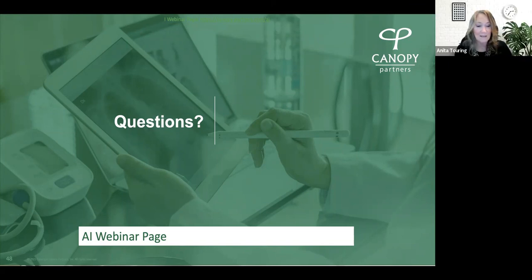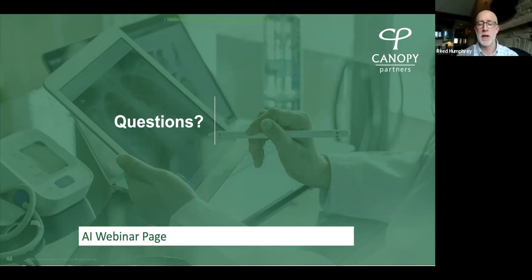If AI is processing in the cloud, how would it secure my PHI? Good question. So actually, we had a slide on that just a few slides back, and that's basically that the PHI never leaves your organization.